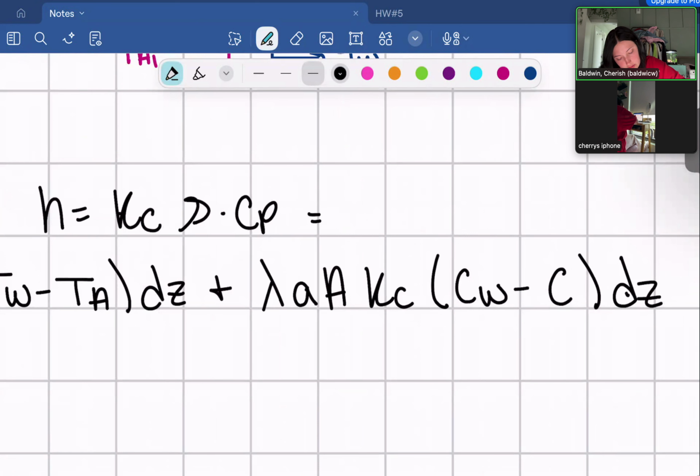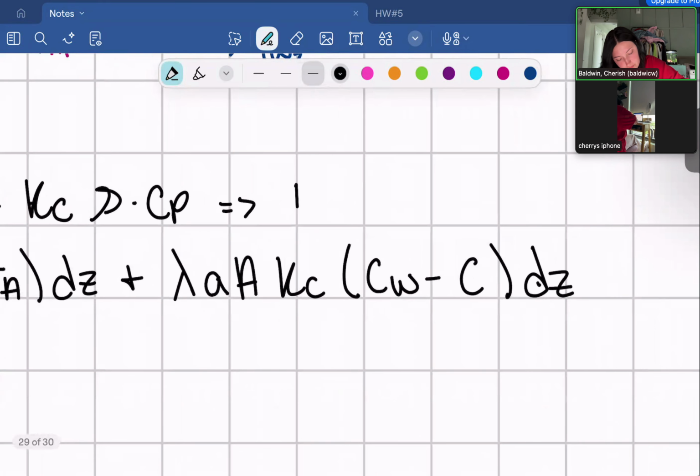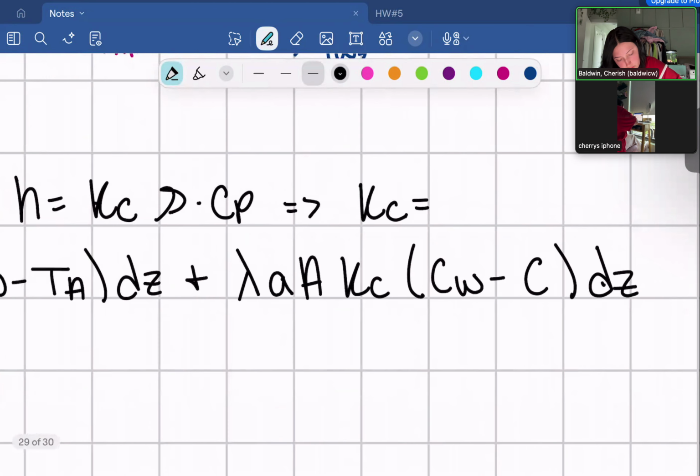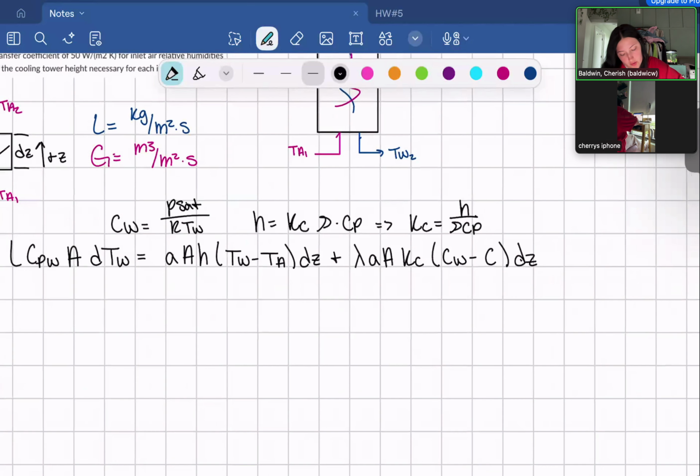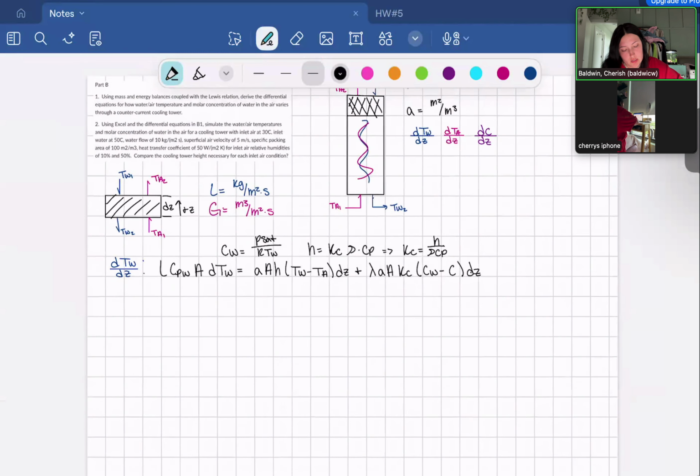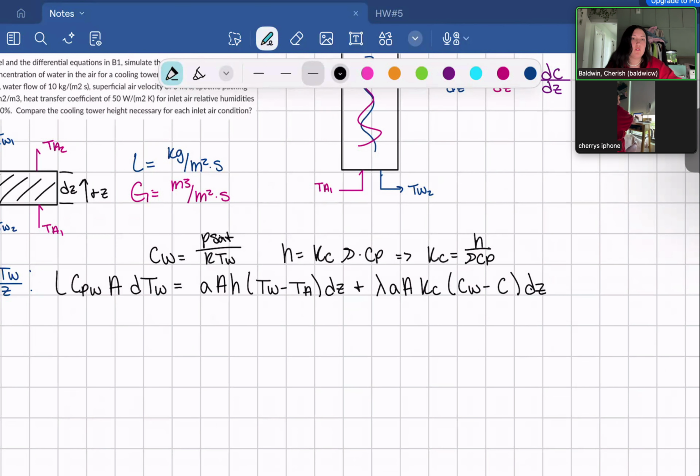And we're going to put all of these equations in terms of the heat transfer coefficient, so we're going to be getting rid of the mass transfer coefficient.